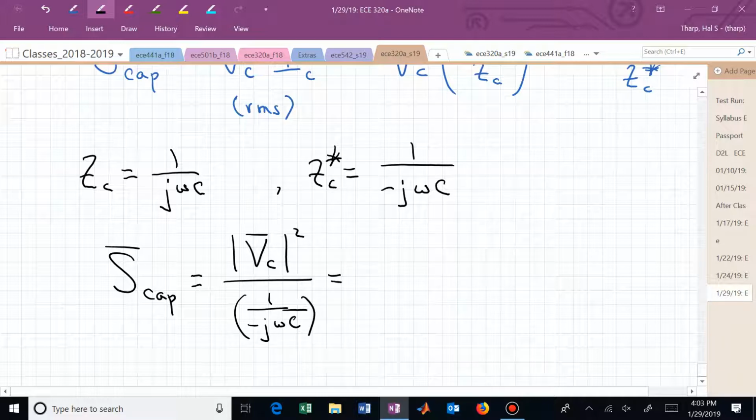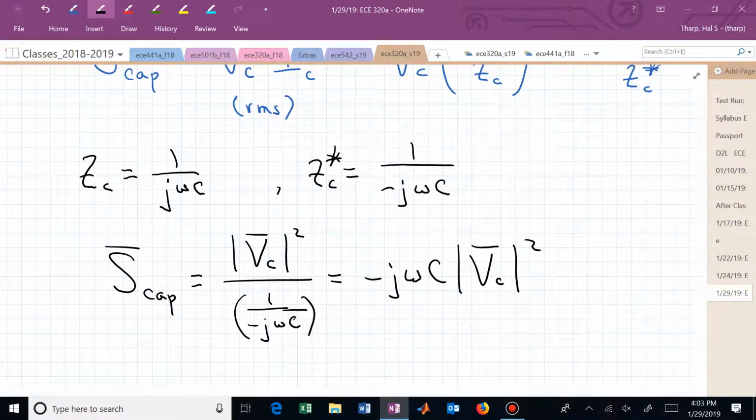Well, now we have a fraction in the denominator, so we can multiply by 1 minus j omega c over minus j omega c. Those things downstairs just cancel and we're left with the expression for the complex power of a capacitor in parallel with these loads, which is now just minus j omega C times the magnitude of V sub c squared.